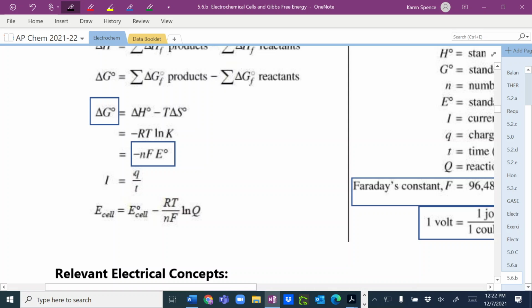And that makes sense, right? Because we're dealing with electrons. And what is E naught? It's the cell potential. What's it measured in? Volts, okay?